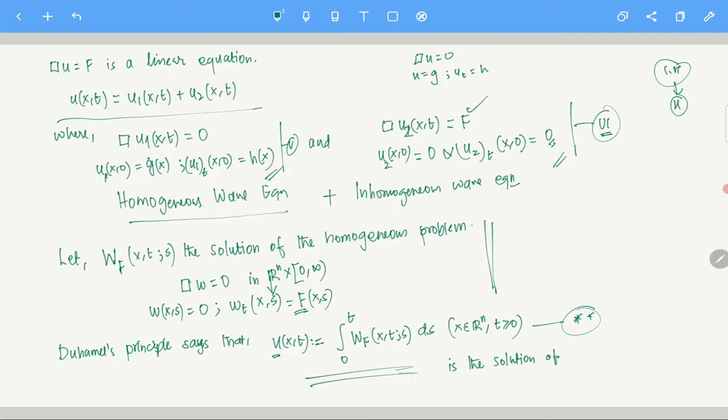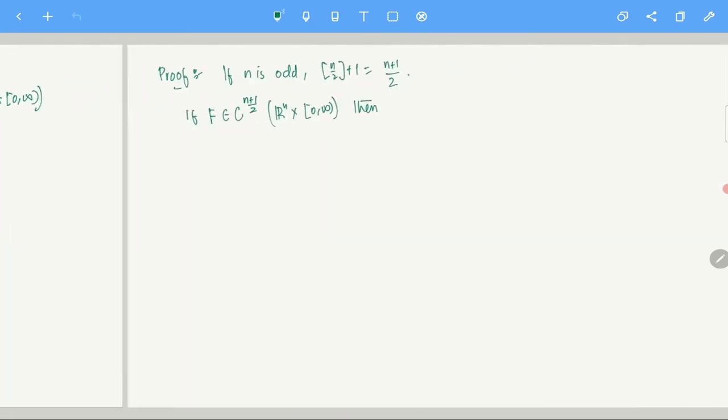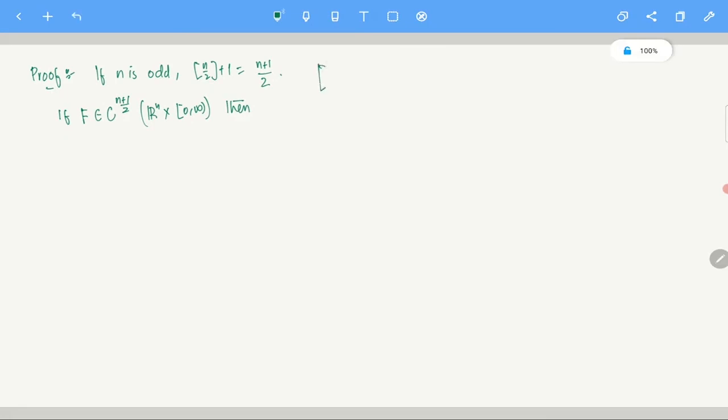I took n equals 3 from Kirchhoff's formula. So this is a small exercise. Okay, check using Kirchhoff's formula for n equals 3.